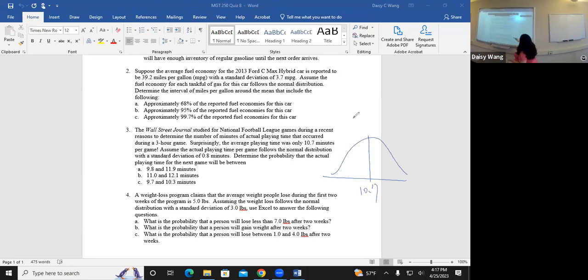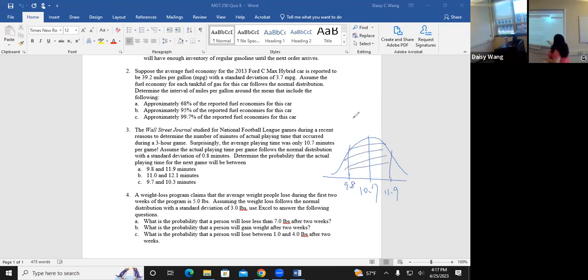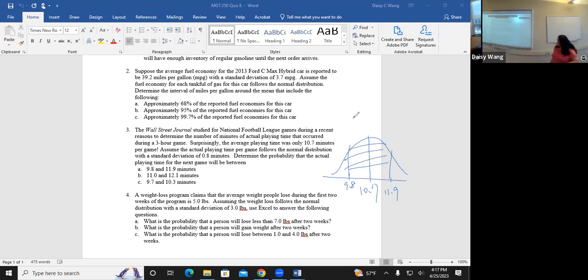We want to know the probability between 9.8 and 11.9, so we want to know the probability here. The reason you need to draw this is because it depends on what kind of chart you get. I'll explain it later. Let's calculate the z-score first.